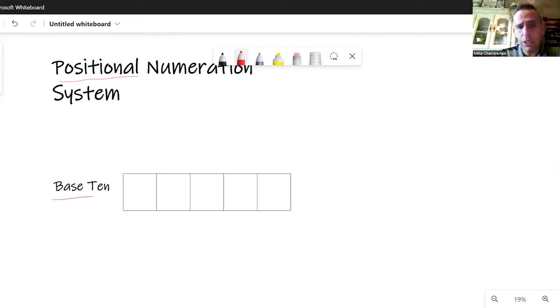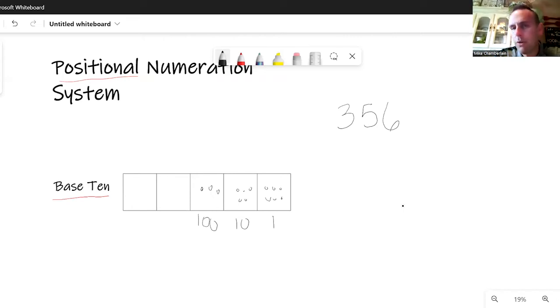So the one that we learn in school, and if we become teachers, we teach, is a base 10 system. So when we write the digits 3, 5, 6, the student is supposed to learn to recognize that it's not a 3 and a 5 and a 6 only, but really the position matters. So we would have 3 in the hundreds place, 5 in the tens place, and 6 in the ones place.